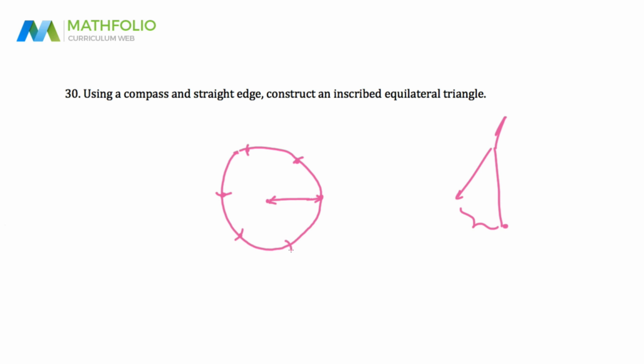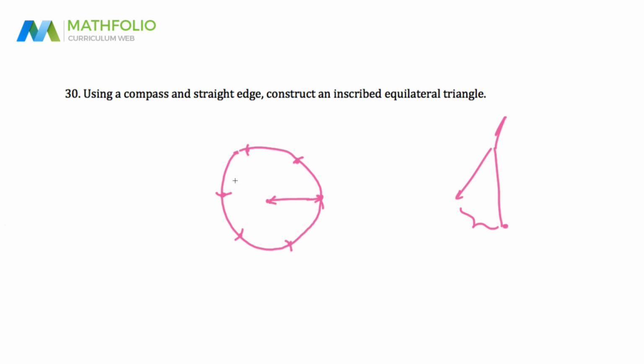Before you know it, you've joined up the entire circle with 6 arcs, and then you've arrived back at your initial starting place. And then if we join up each of these arcs, we would in fact have an inscribed hexagon. But what we're looking for is an inscribed equilateral triangle.